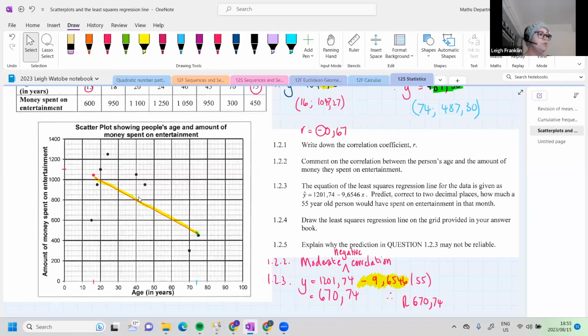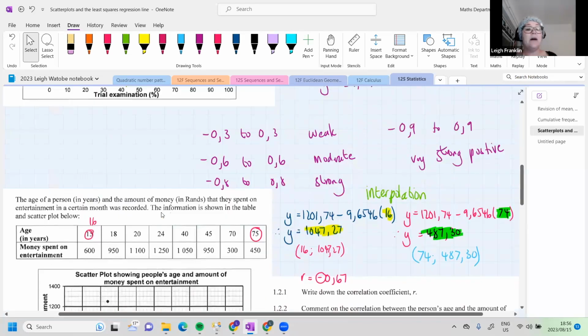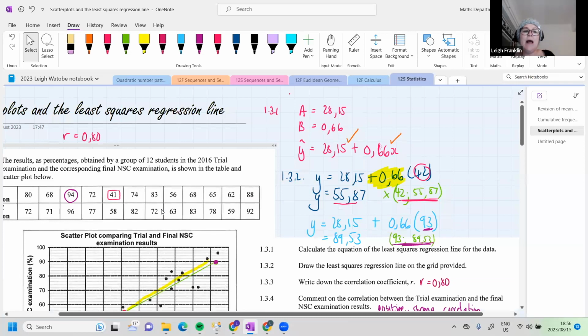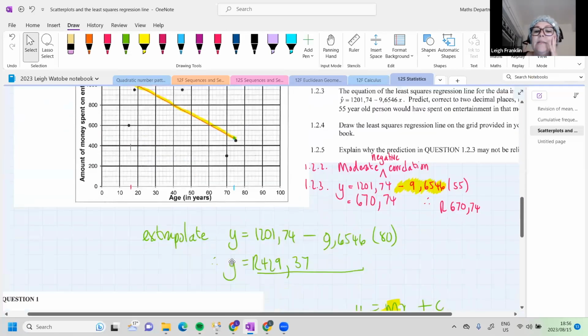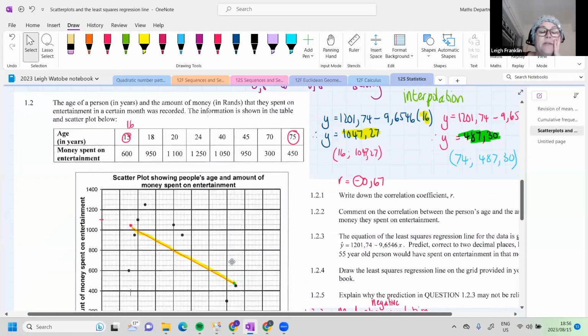You're not going to be going to movies and going out with your friends. So we would expect that as time goes on, people would be spending less and less on entertainment. That's why there is a negative gradient. Sihle, it's very different data that's being described. It's nice for you to see how different the information being given to you is, even though they give us more or less the same sorts of questions that they would expect us to answer.